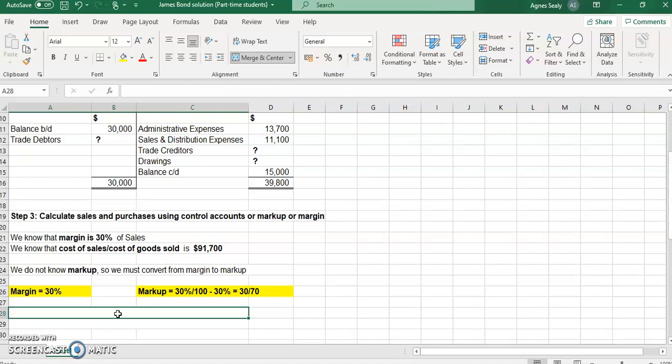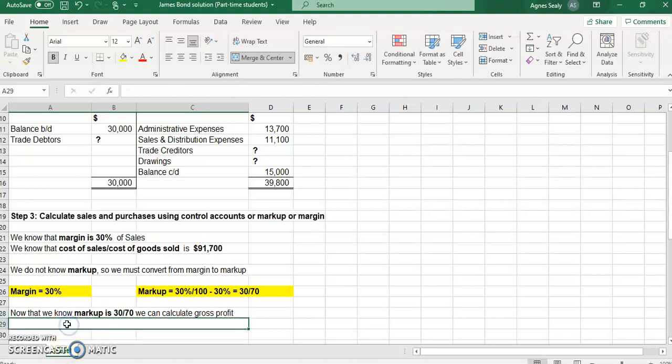Now that we know the markup is 30 on 70, we can calculate gross profit.